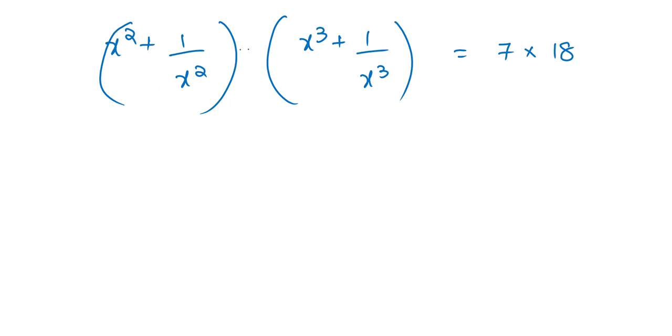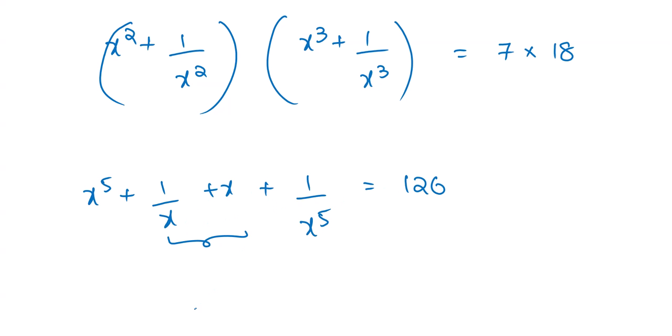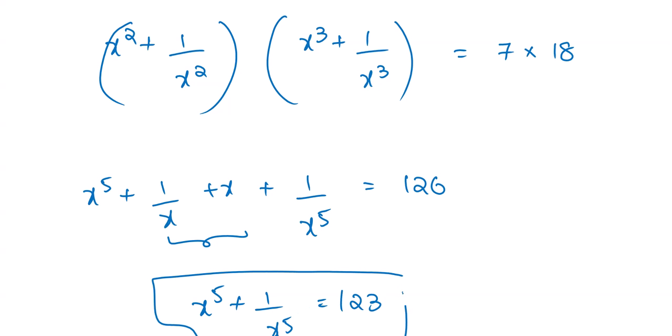Here x power 5 plus 1 by x power 5, plus x plus 1 upon x will come. That's nothing but 126. This value is 3, remove that, you will get 123. x power 5 plus 1 by x power 5 is nothing but 123.